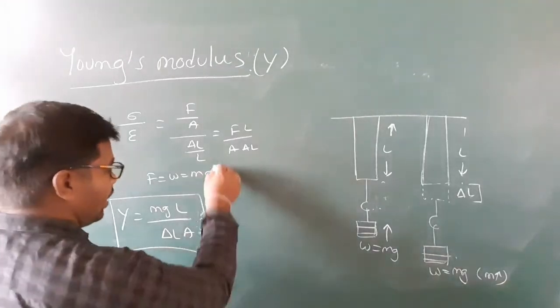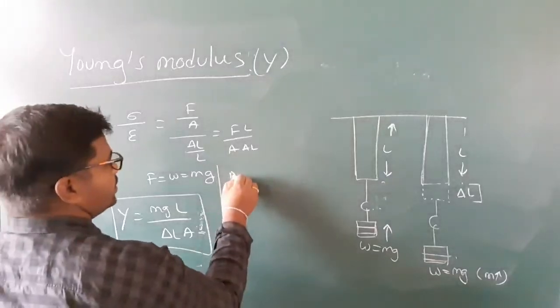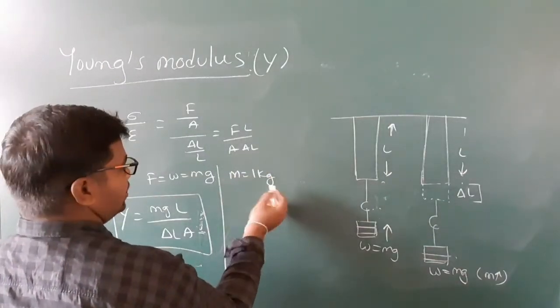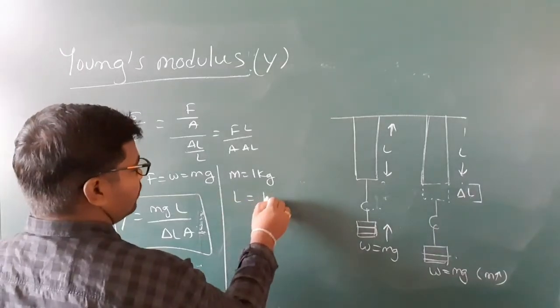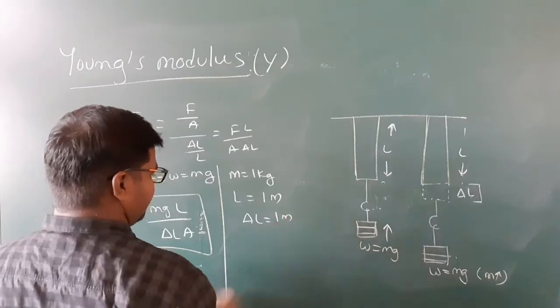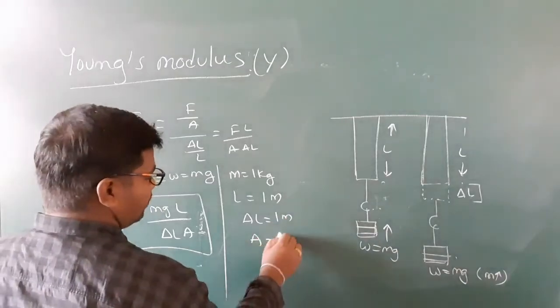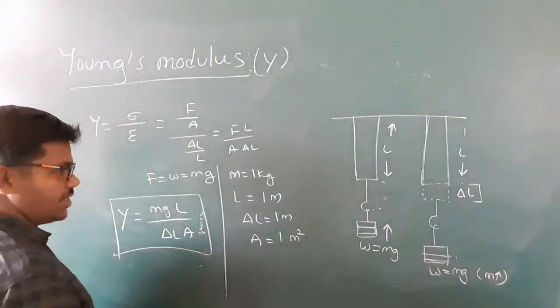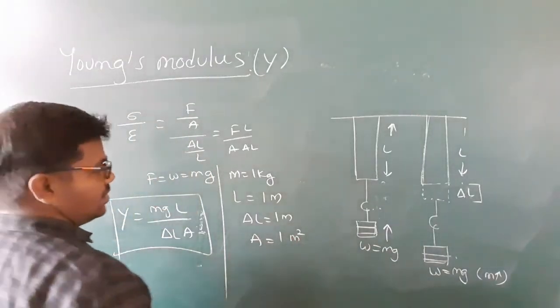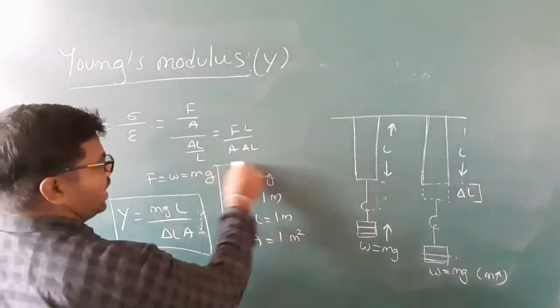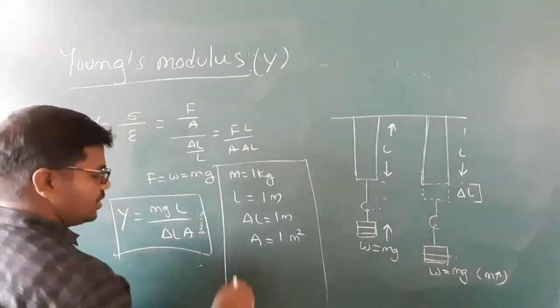Suppose we take all quantities as unity. M is equal to 1 kg, g value 9.8, L is equal to 1 meter, delta L also 1 meter, A is equal to 1 meter square. Understand? See here, all these values are taken as unity.